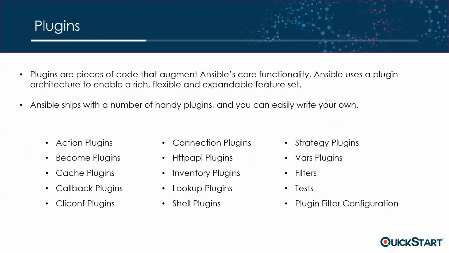Plugins are pieces of code of Ansible core functionality. Ansible uses a plugin architecture to enable flexible and expandable feature sets. So you could transmit different configurations and architectures to other nodes and to other libraries through the plugins.